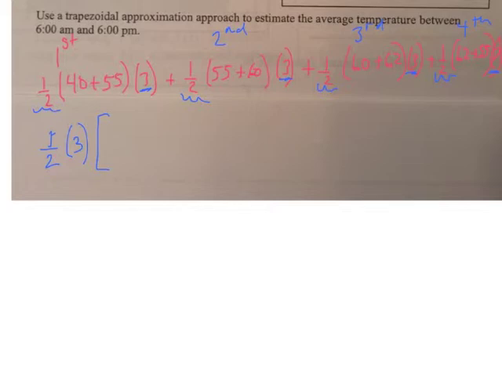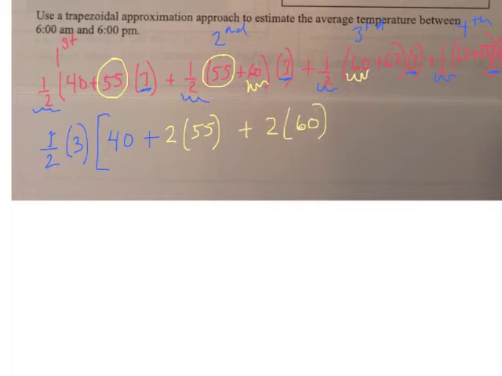And then the other thing I want you to notice is that I have a 55 twice. So I have my 40 plus 2 times the 55, and then I have 60 twice, and I also have 62 twice, and then I have 58 at the end.